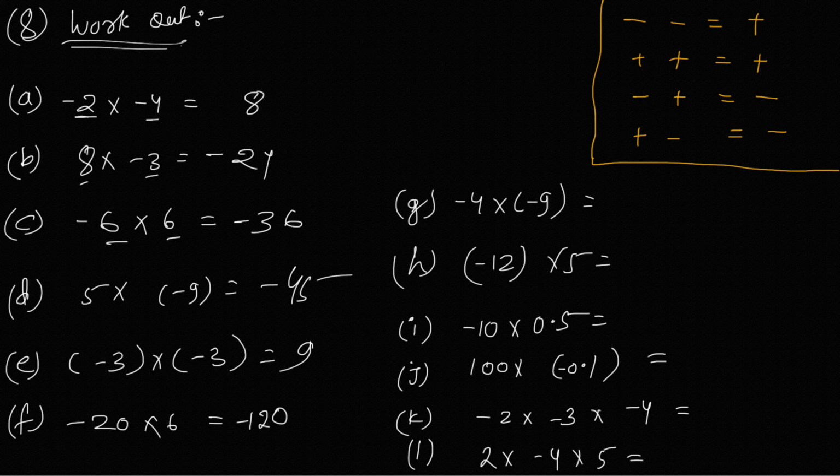Okay, so here negative negative, it's positive. So 4 times 9 is 36.